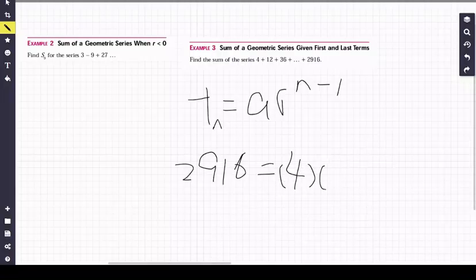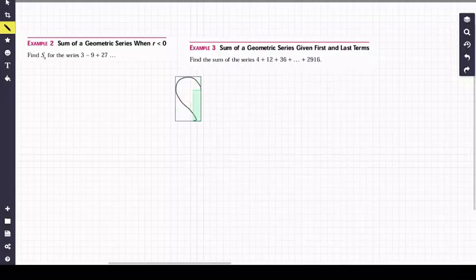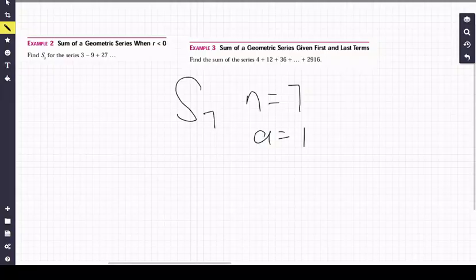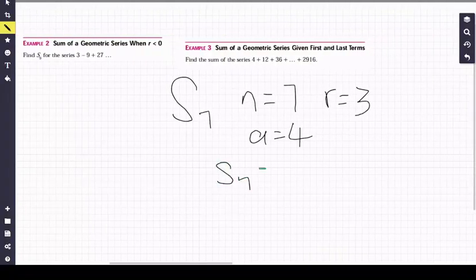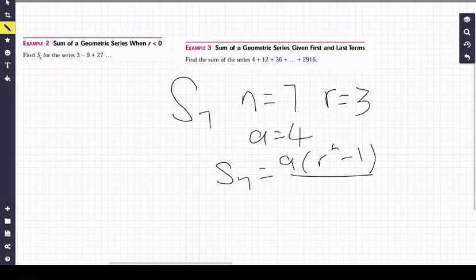Alright, we found all that out, and now we can actually use this. So S of 7, where n equals 7, a equals 4, r is equal to 3. What else do we need? That's it, right? S_n is equal to a(r^n − 1) over r − 1, and it's equal to 4 times 3 to the 7th power minus 1, over 3 minus 1.